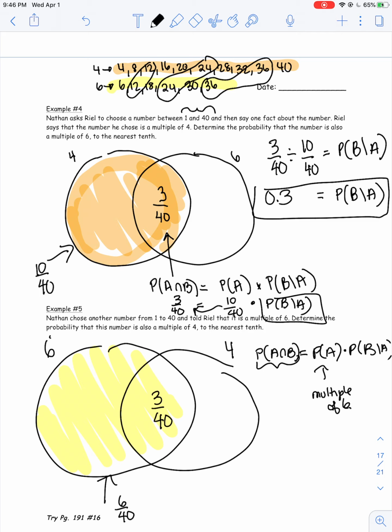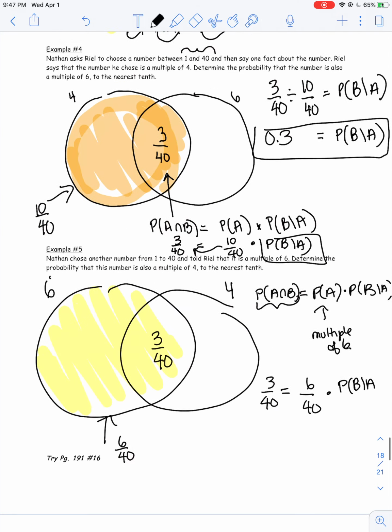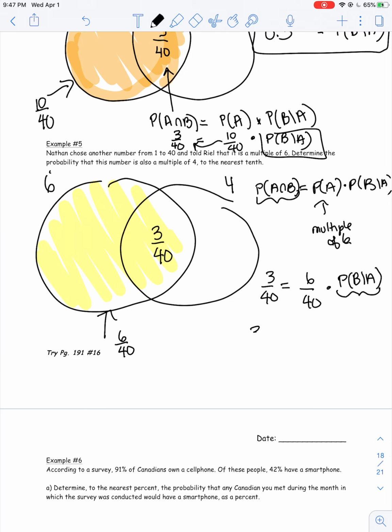So we also already know this is going to be the same. The intersection is still 3 out of 40. But now our first event is going to be 6 out of 40, the multiple of 6. So we want to find out the probability of the number being a multiple of 4 if we already know it's a multiple of 6. So we're trying to solve for this. It's the same work as before.